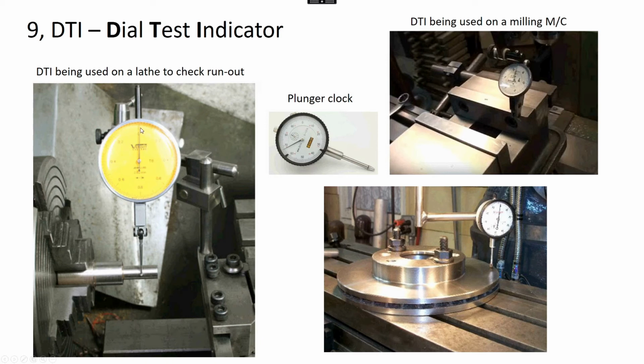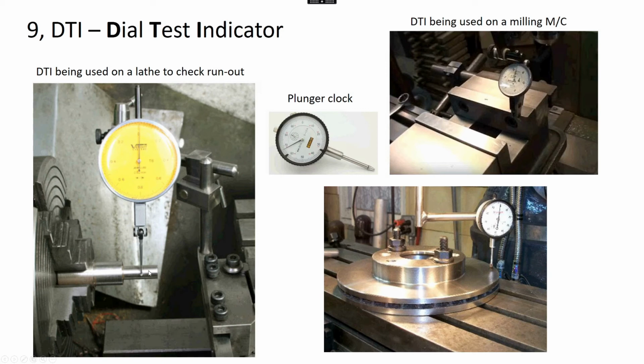On this particular DTI, it looks like we're going from 0 to 0.2, 0.4, 0.6. So this sort of DTI might do 1.6 millimetres total travel, something like that. I also call these a finger clock, and this a plunger clock, but they're basically DTIs.